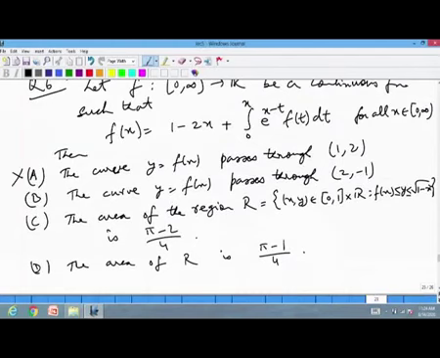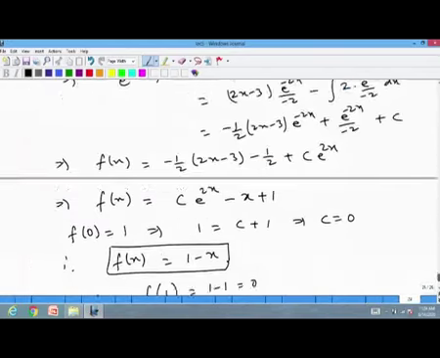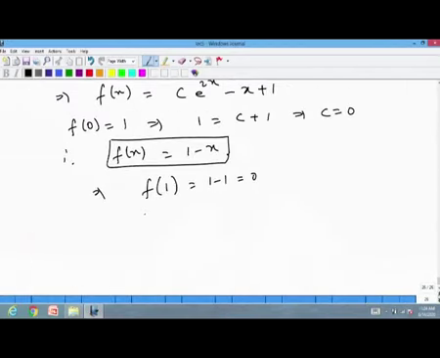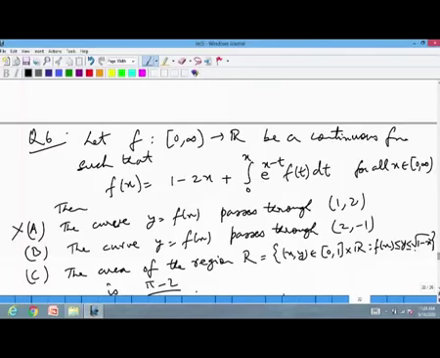So, option A is wrong. Option B says it passes through the point 2 comma minus 1. So, what is f of 2? It is 1 minus 2 equal to minus 1. So, therefore, B is correct. So, option B is correct.